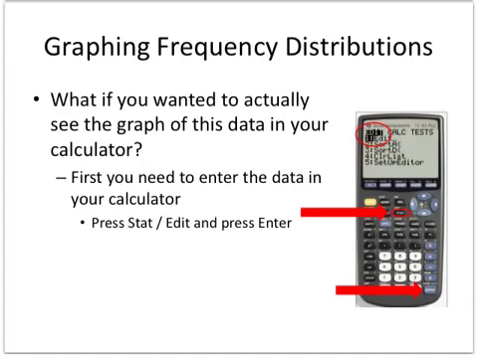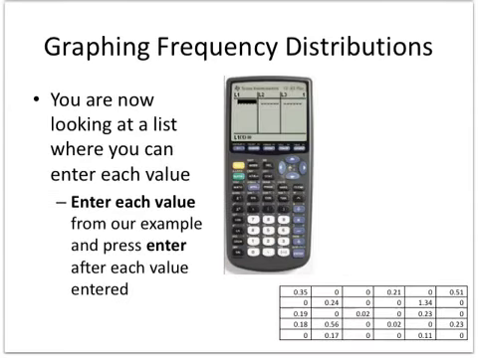You enter data by pressing the Stat button, then going to Edit, and be sure the number 1 is highlighted, and press Enter. Then L1, L2, L3 are actual lists where you can enter each data value. So I enter 0.35 and press enter.